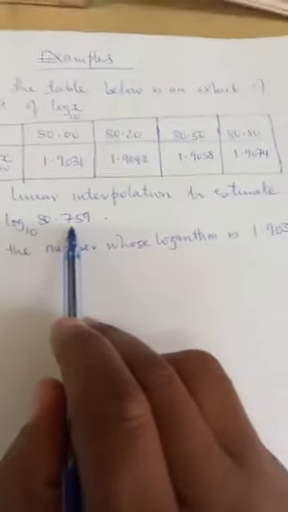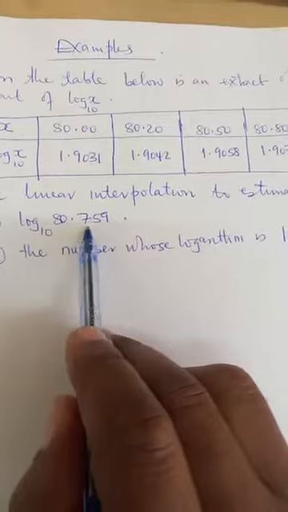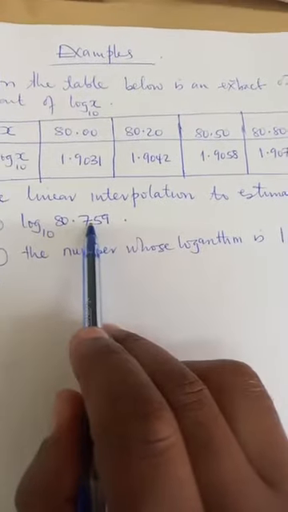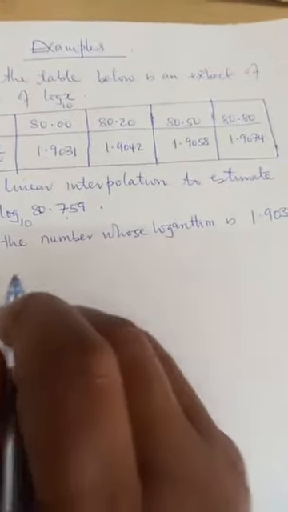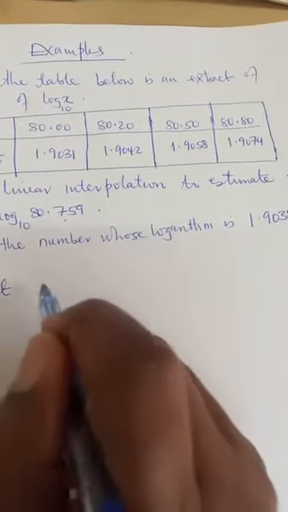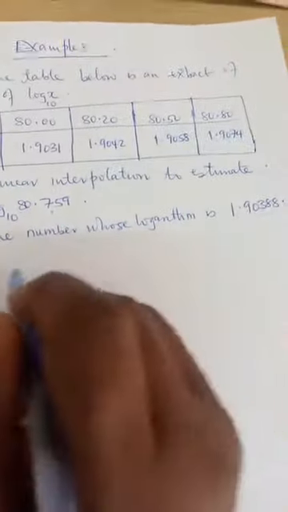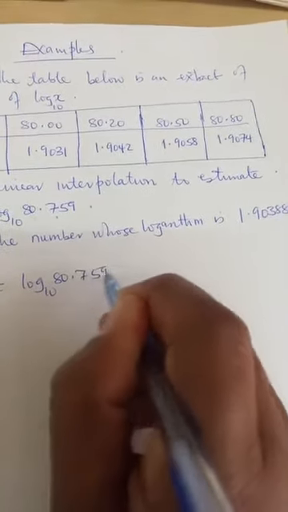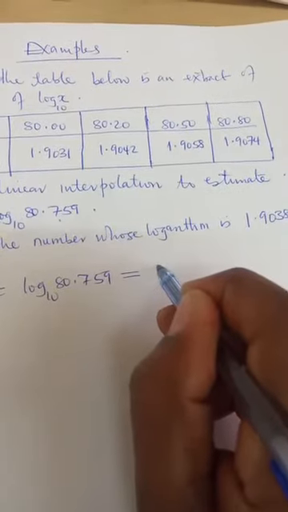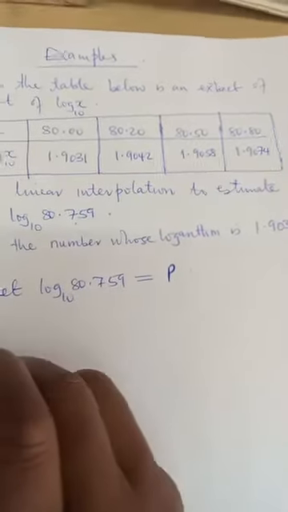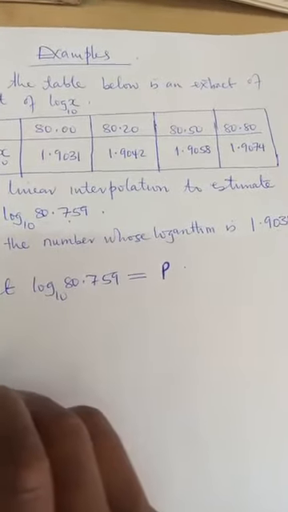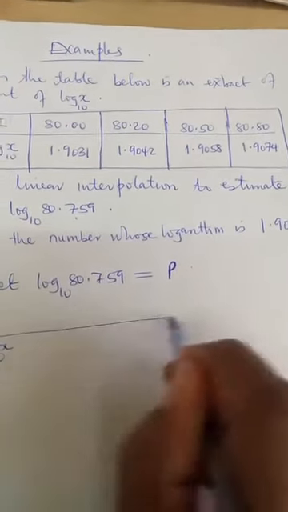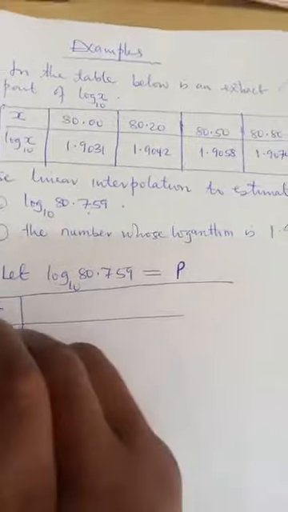If you look at this figure, as a candidate, your task is to identify where it falls. And like we saw in the example, we need to find a value that corresponds to that up there. So we shall let the log of 80.759 be equal to a value I can call P, as I said in my example. So my new table as I solve is still in the same format. What do I need to identify?